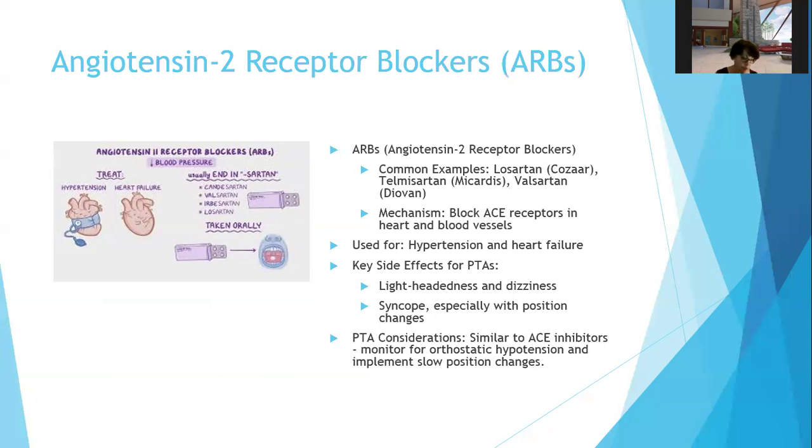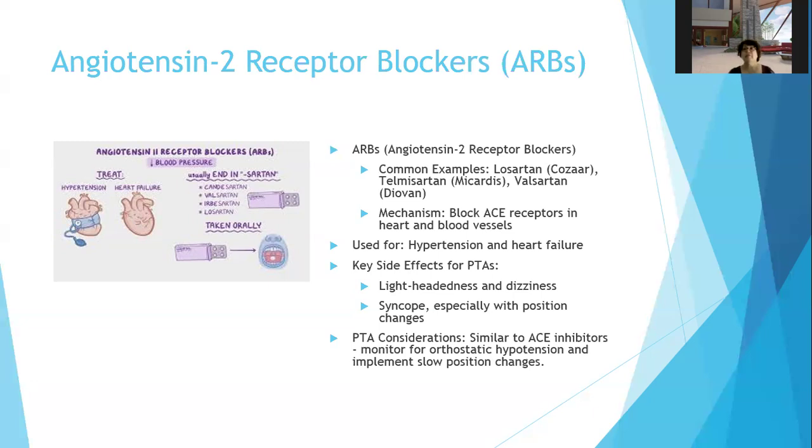Angiotensin 2 receptor blockers, or ARBs, are also used for the treatment of hypertension and heart failure. They block ACE receptors in the heart. So they're just another way in that renin angiotensin 2 pathway to keep the blood vessels from constricting and raising the blood pressure.